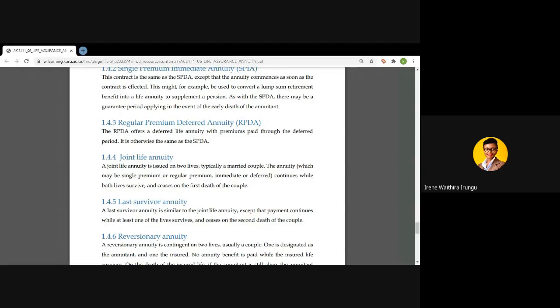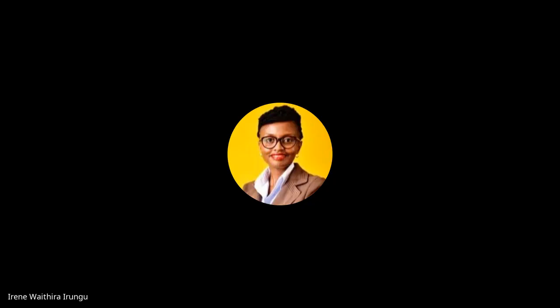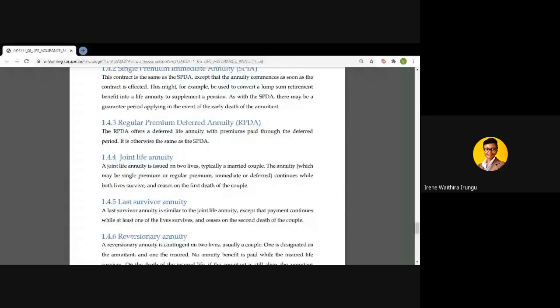The annuity, in the case of the joint life, continues while both lives survive and ceases on the first death of the couple. So if you have, let's say, Mr. and Mrs. A, who have purchased a joint life annuity, it means that they will continue to receive this regular series of annuity payments.